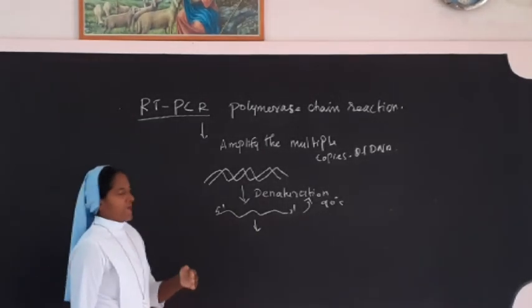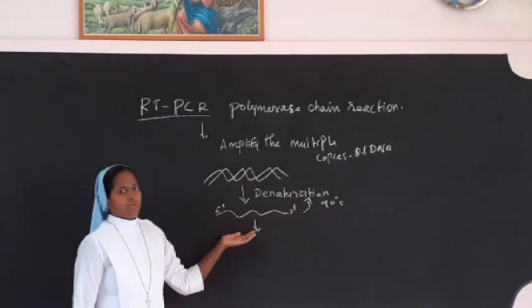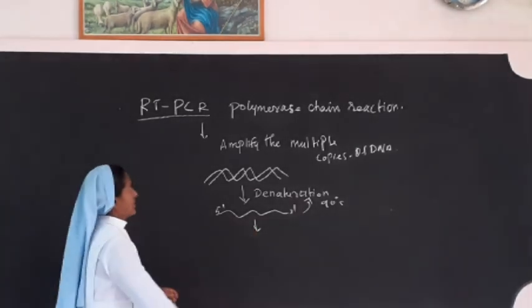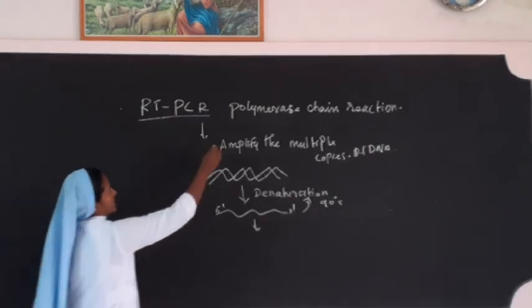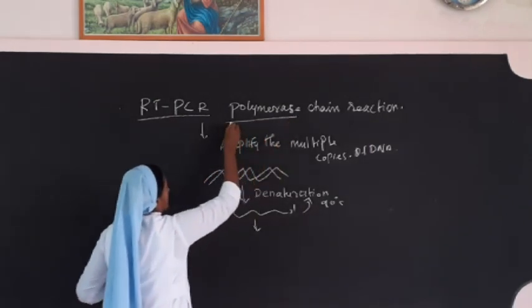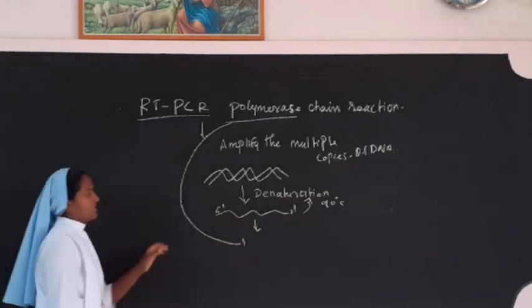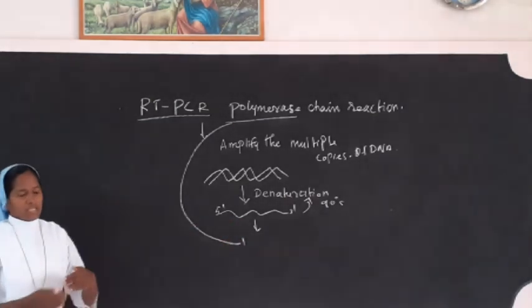So how can it be amplified? By the enzyme we call polymerase enzyme. That is how the reaction works, because the enzyme polymerase is directing the DNA to synthesize.